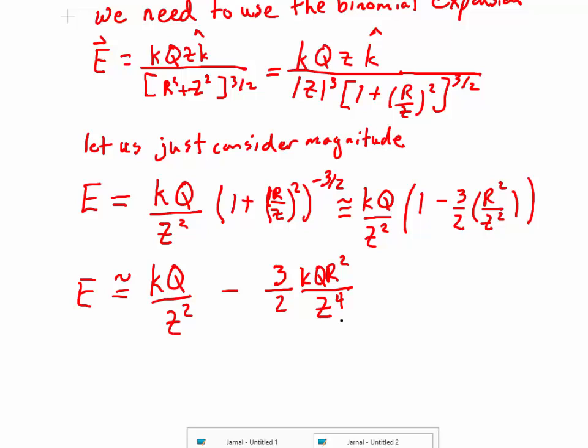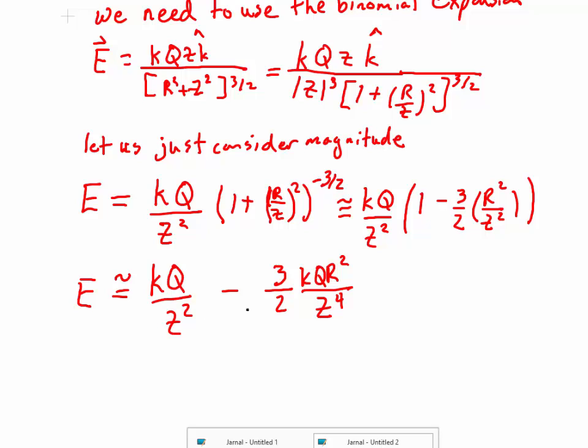So assuming that I have done what I think I have done correctly, it looks approximately like a point charge, kq over z squared. So if you're very far from the ring, it looks like a point, and it looks like a point charge.